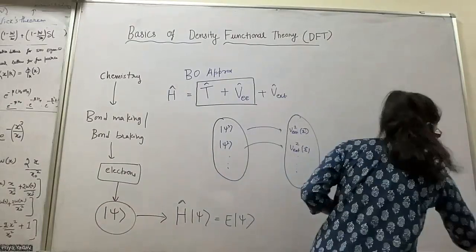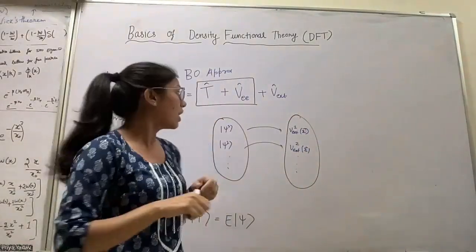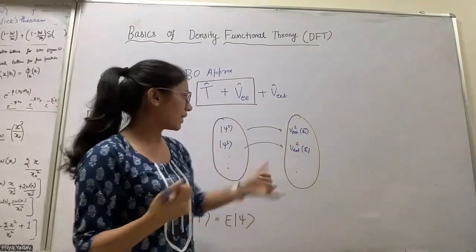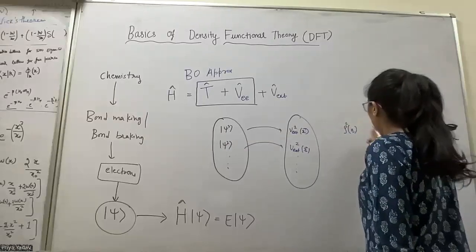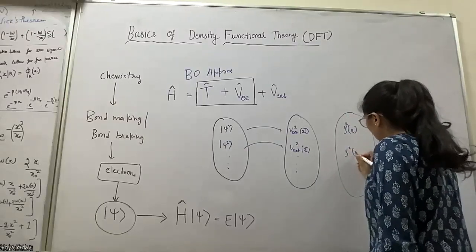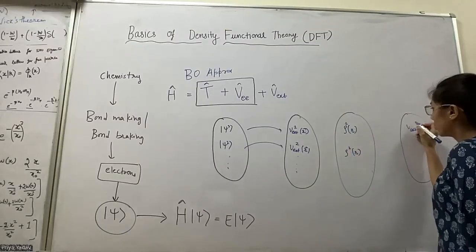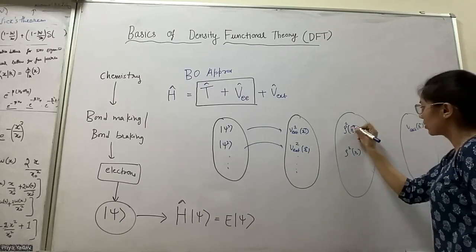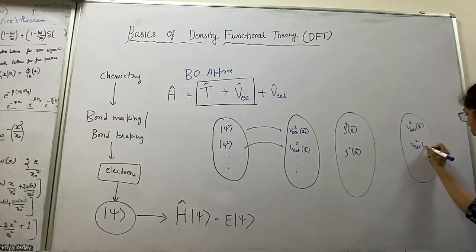Now the motivation for why we use electron density instead of the wave function is clear. The second question is whether this mapping exists, that rho of r corresponds to V external of r.